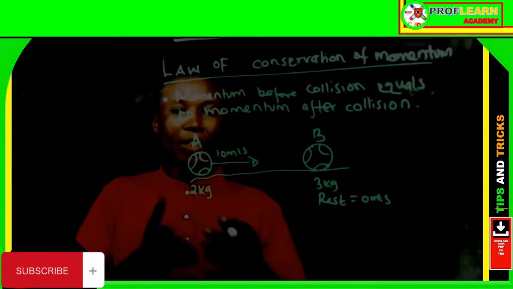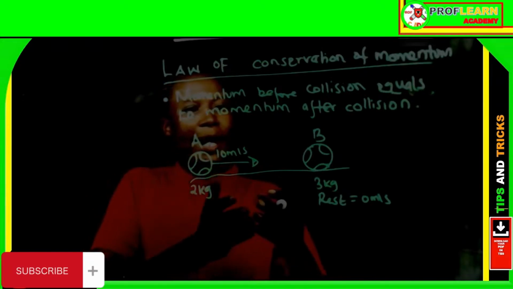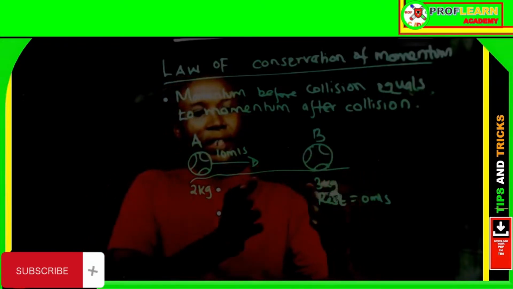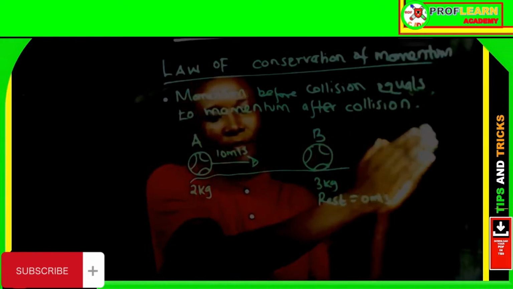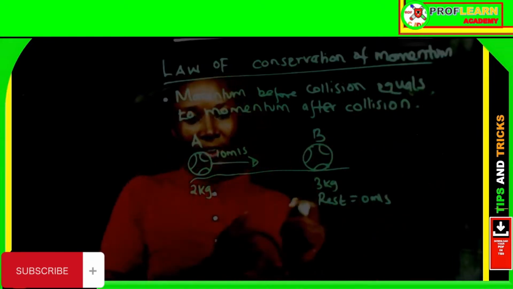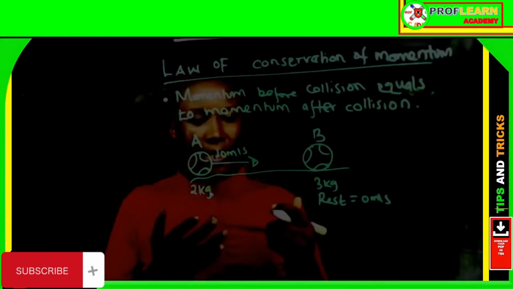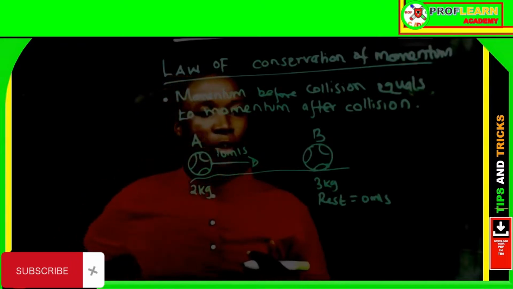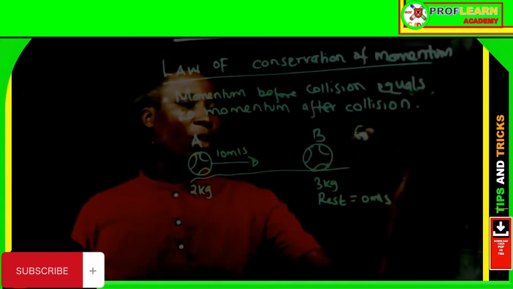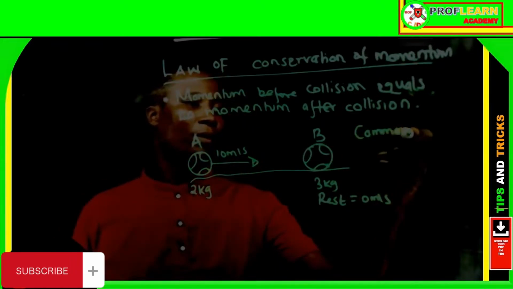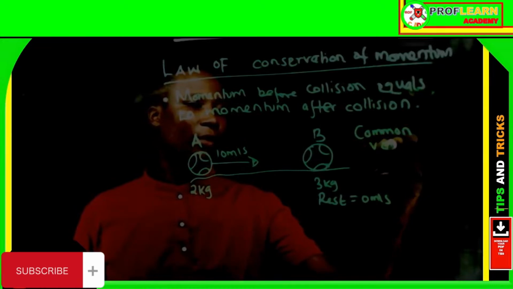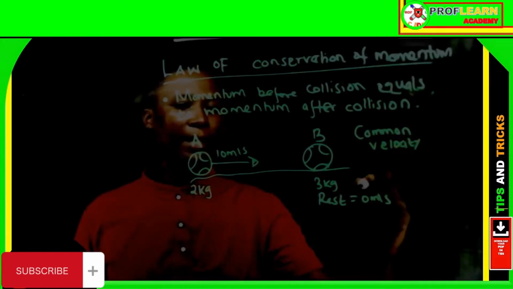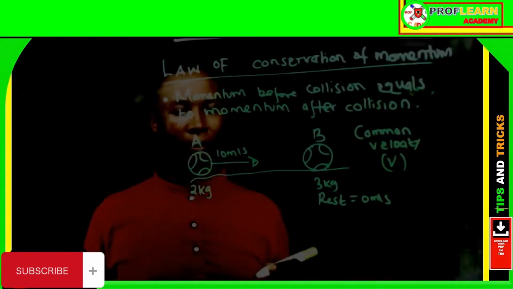We are told that A rolls and collides with B. When they collide, they combine and they move together with a common velocity. Now, when you are given such a question, you may be asked to work out the common velocity V.